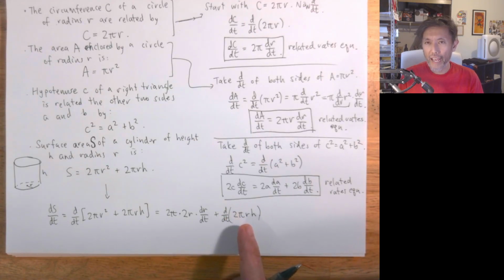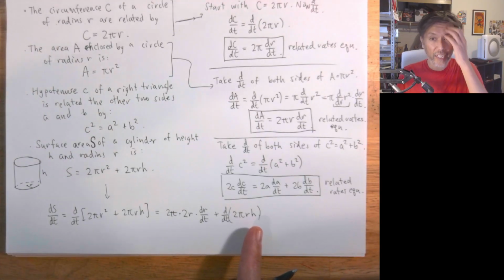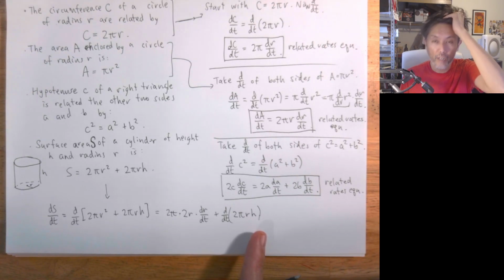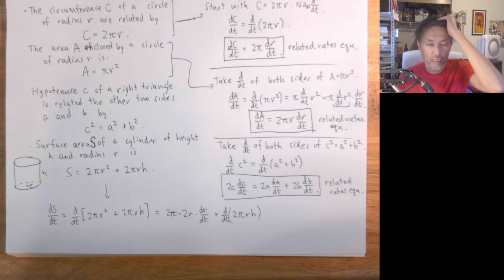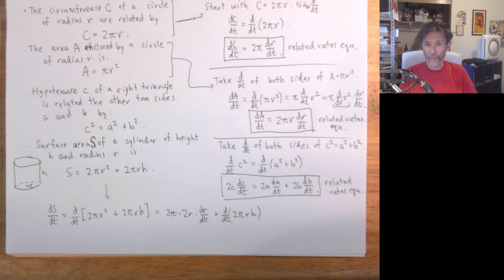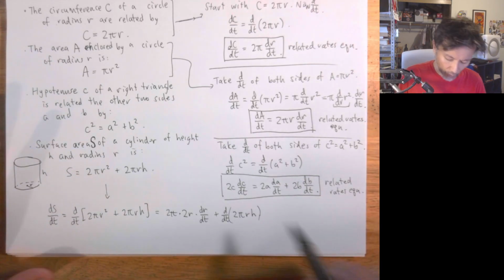What is that gadget? I'll give you a hint. Two-word phrase. The fourth letter of the first word of this two-word phrase is D. Does that help? Pause the video and figure it out. Okay, did you figure it out? It's the product rule? Yeah, of course.